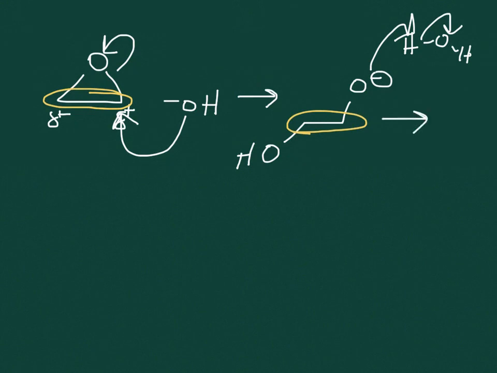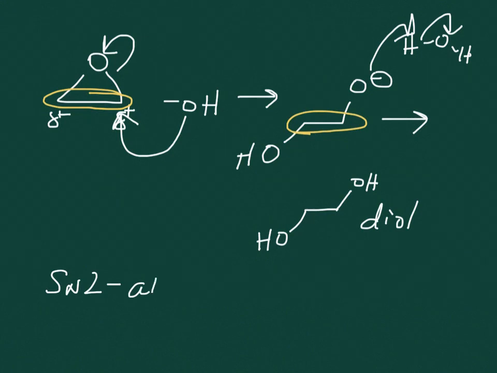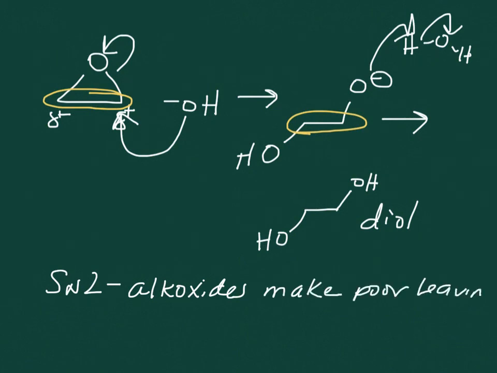And then we make our diol. When we learned about SN2 reactions, we learned that alkoxides make poor leaving groups. However, because of the ring strain in the epoxide, here it can function as a good leaving group.